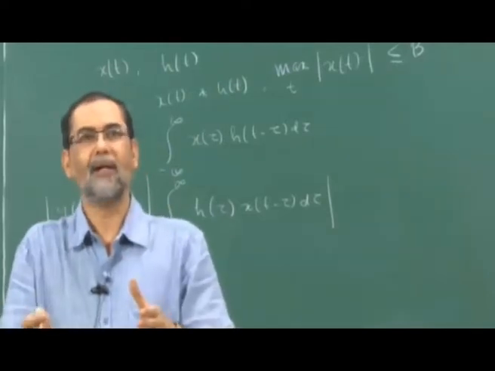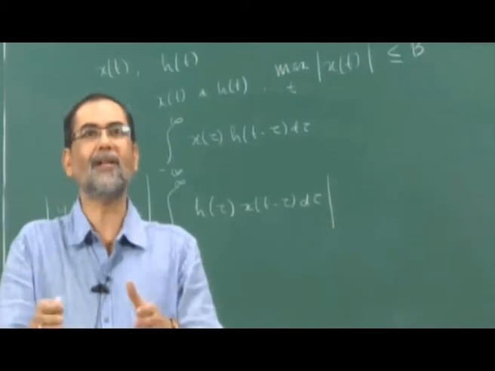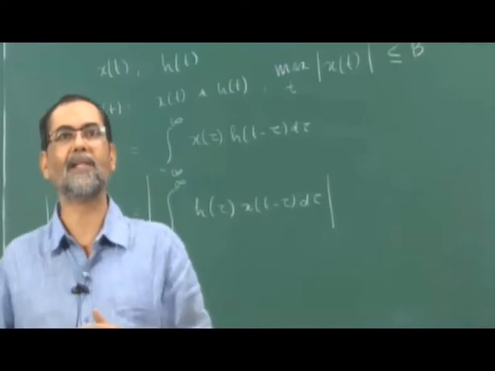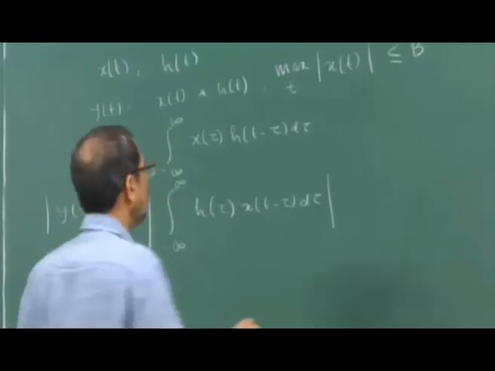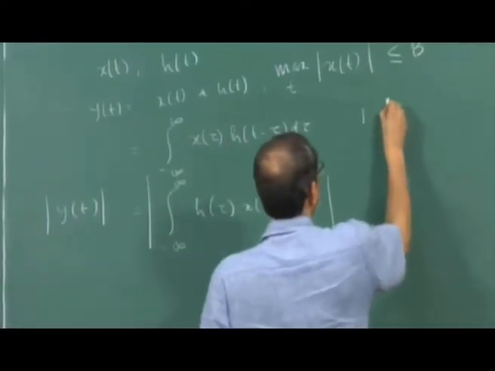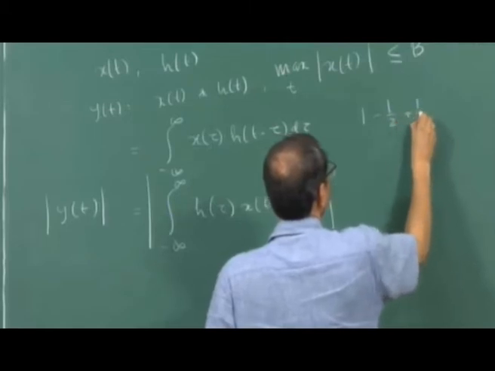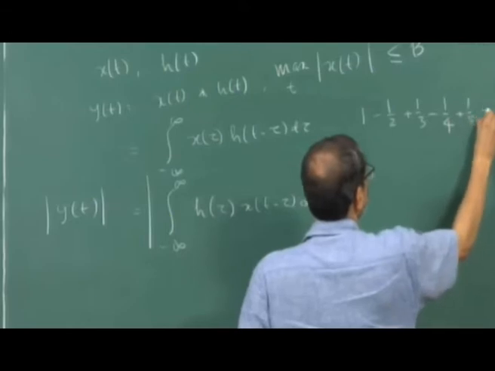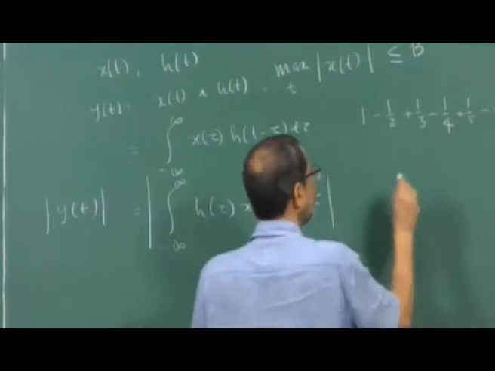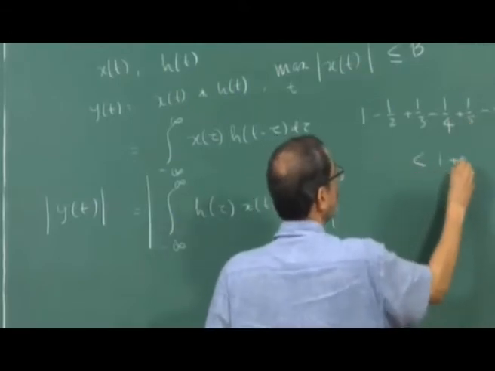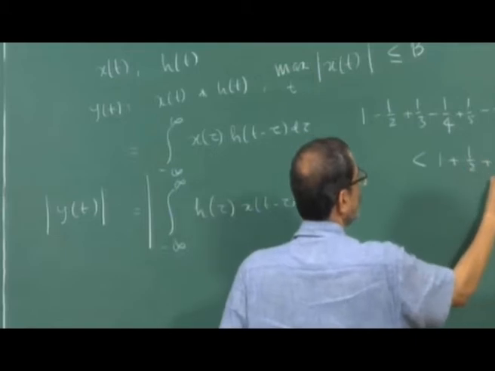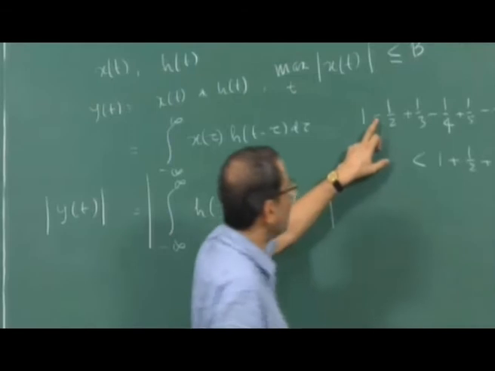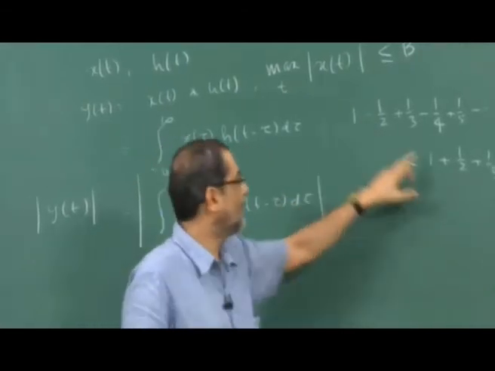That will be smaller than the same sum where every term is positive, meaning 1 plus half plus 1/3 plus 1/4 plus 1/5 and so on, because here I am subtracting, here I am adding.